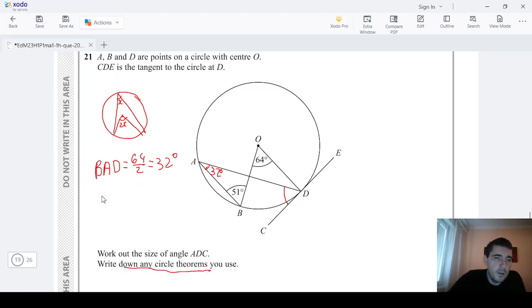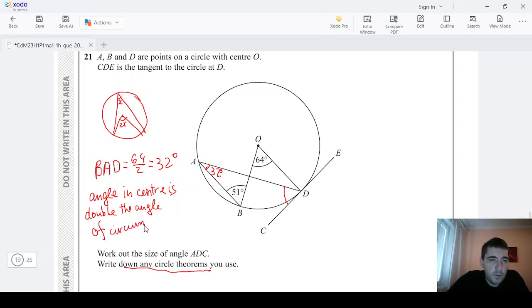So here it is: angle at the center is double the angle at the circumference. Okay, so that's going to be 1 mark.